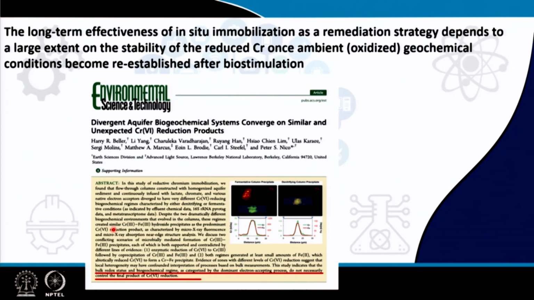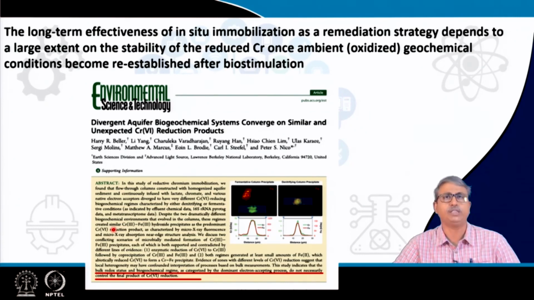Subsequently, the long term effectiveness of this in situ immobilization as a remediation strategy was studied, because it was observed that the reduced chromium could be reversing, that is, oxidizing back to a large extent. So, the stability of the reduced chromium was also studied, and it was found that the bulk redox status of the biogeochemical regime, as categorized by the dominant electron accepting process, does not necessarily control the final product of chromium 6 reduction.